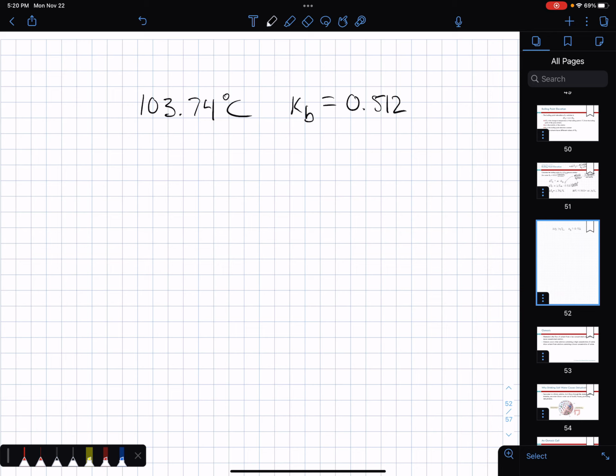So this is just another one of those, delta T boiling equals molality times Kb.